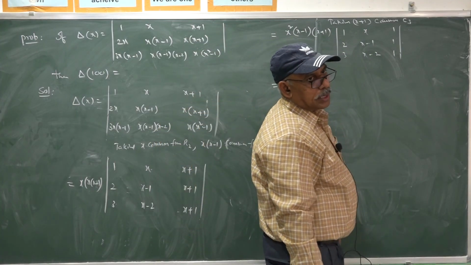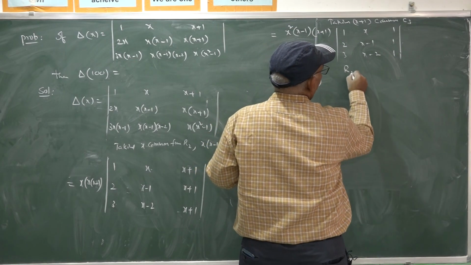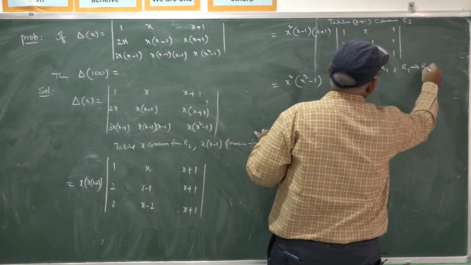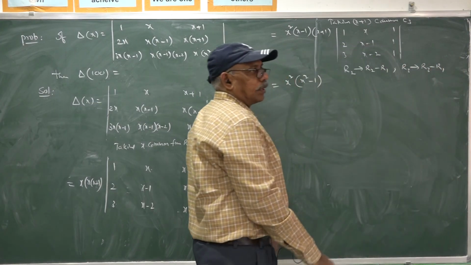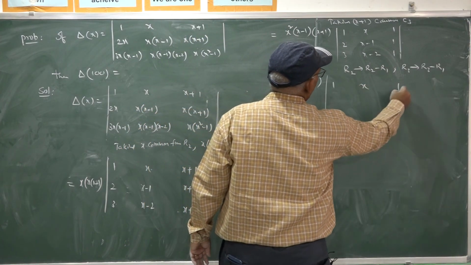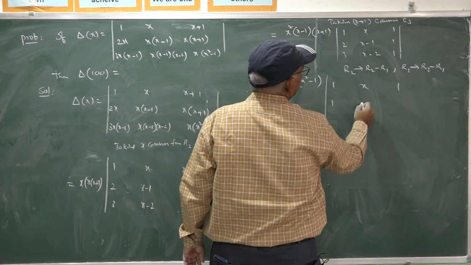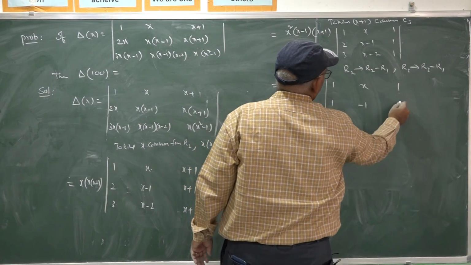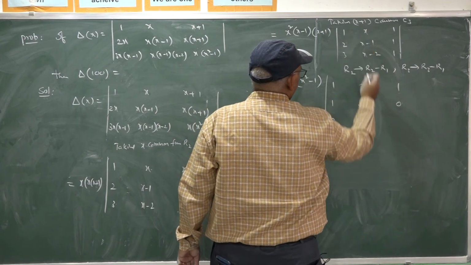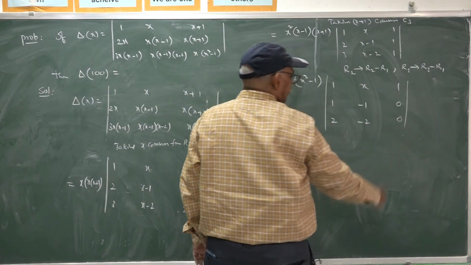Apply the transformations to make these two elements zeros. For that, take R2 goes to R2 minus R1 and R3 goes to R3 minus R1. The first row elements are unaffected. 2 minus 1 gives us 1. x minus 1 minus x gives us minus 1. 1 minus 1 is 0. 3 minus 1, 2. x minus 2 minus x, minus 2. 1 minus 1, 0.